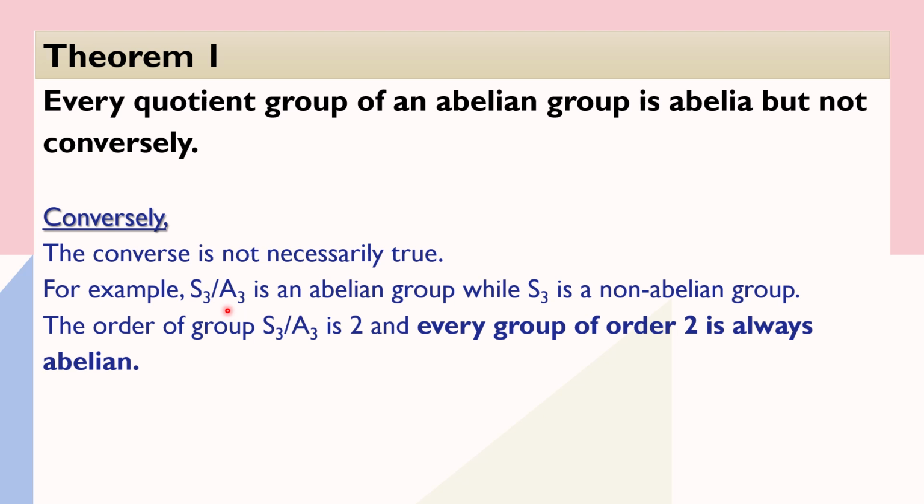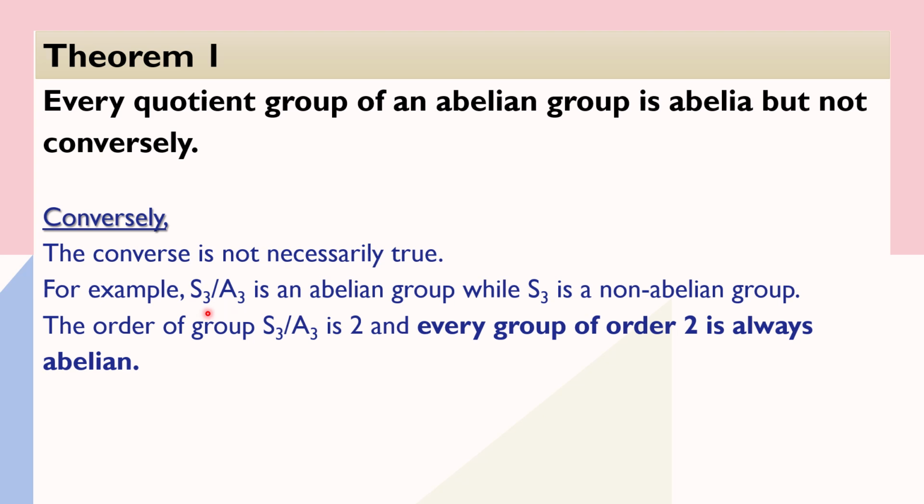All the elements of A3 are inside S3, right? So this is a quotient group, and A3 is a normal subgroup of S3. This quotient group is abelian, while S3 itself is non-abelian, because we know that S1 and S2 are abelian, but S3 is not abelian.